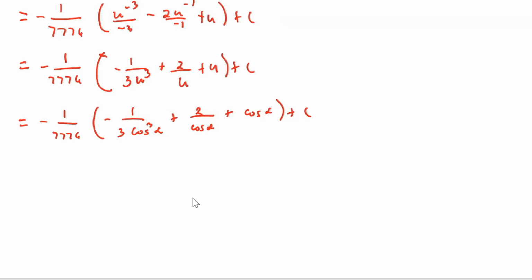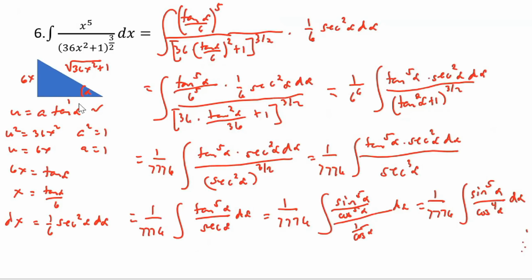Now we are going to find the meaning of cosine alpha from the right triangle. So cosine means adjacent side over hypotenuse. So we have 1 over the square root of 36x squared plus 1.